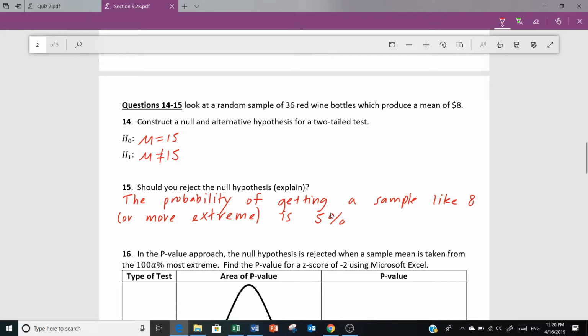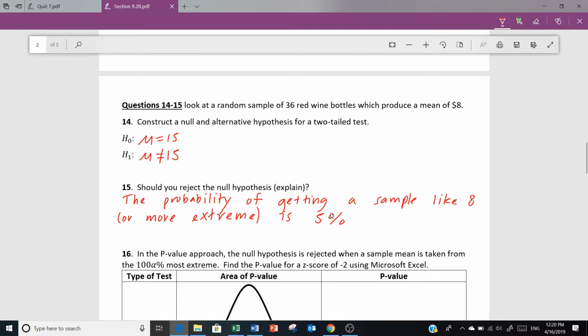Yeah, so, you guys, this is important. We're going to be doing the p-value approach a lot. When mathematicians do hypothesis tests, most of the time they run the data through the computer just using the p-value. Plus, if we do projects, you need an interpretation of the p-value. So, the probability of getting a sample mean like 8 or more extreme is 5%.